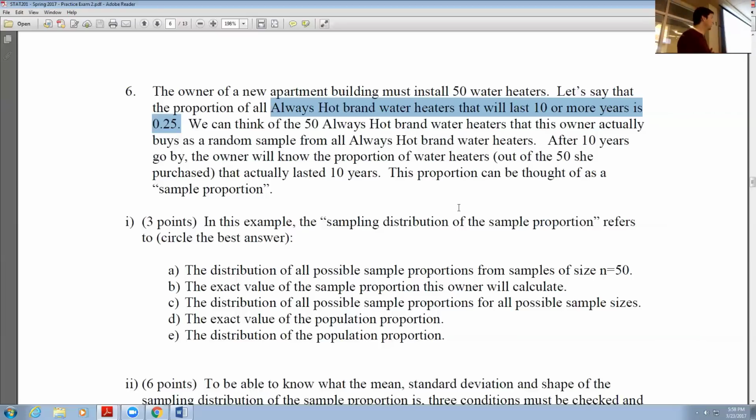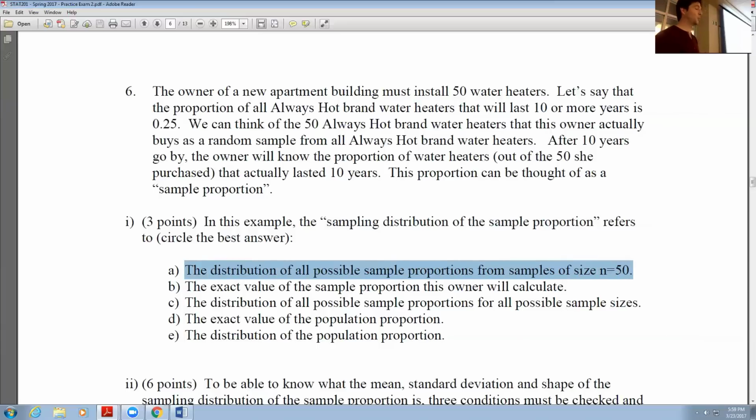None of them could work? But those don't seem like probable events yet. We'll need to find out the distribution to see how likely those events are. The sampling distribution of the sample proportion would show us the distribution of all possible sample proportions of sample size 50. Because when we do our square root of p times q over n, that will give us the spread of this normal curve right here.